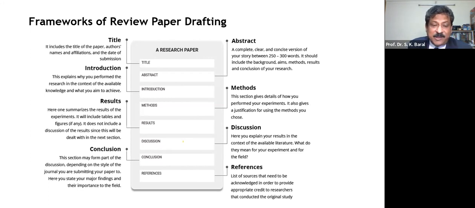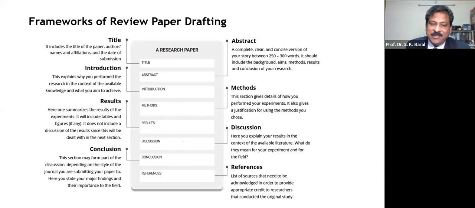Very, very carefully you have to draw the conclusion, because this section is part of your discussion section. You have already discussed something about your research, and depending on the style of journal, because different journals have different guidelines, different restrictions, different kinds of terms and conditions.